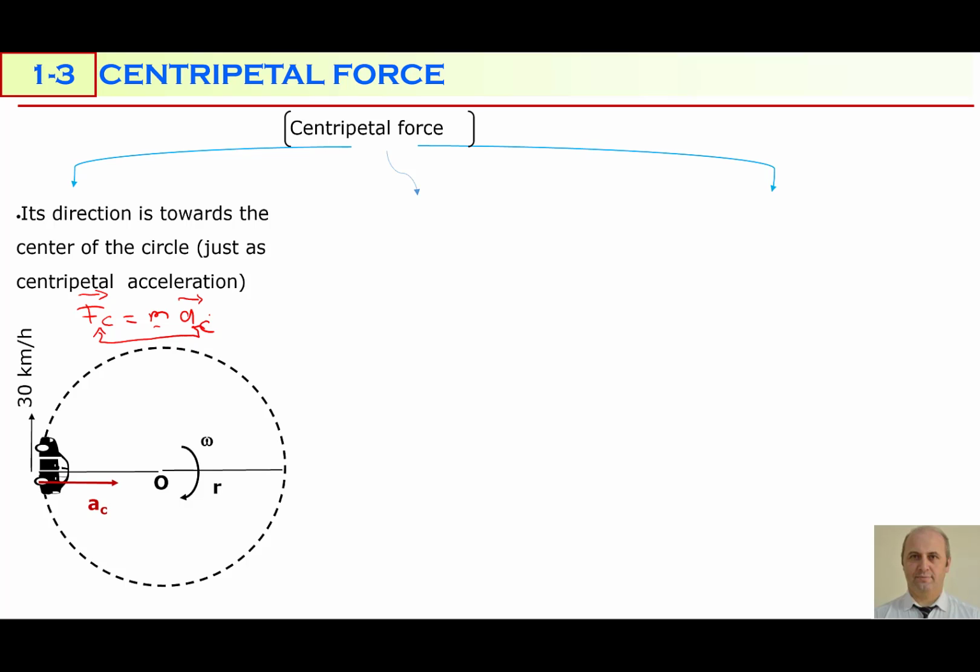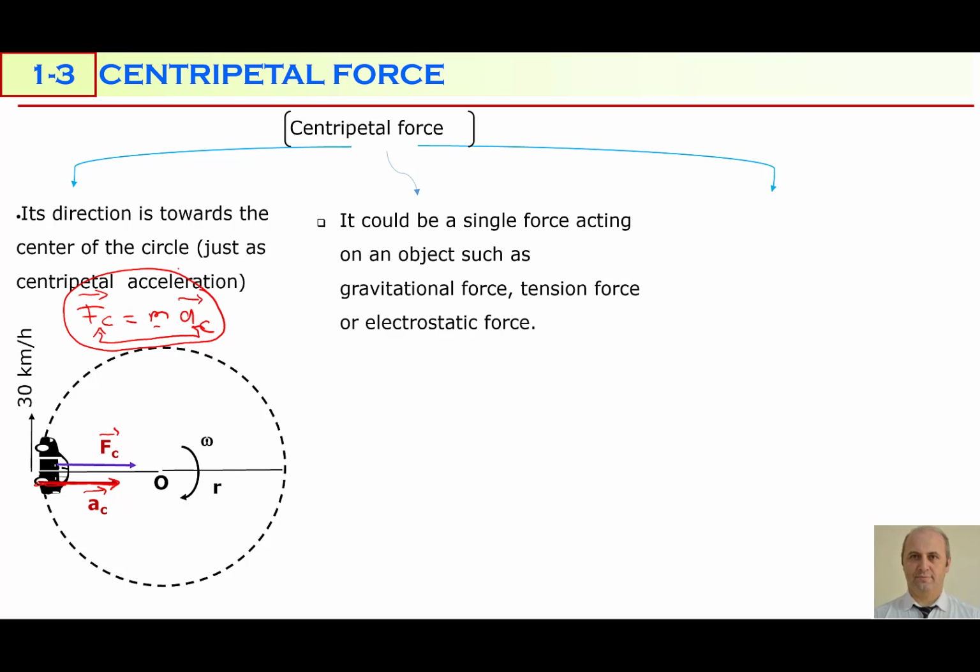So the resultant force which causes this car to move on the circular path will be in the same direction as the centripetal acceleration. And we know that centripetal acceleration acts towards the center, along the radius, so centripetal force also must act along the radius towards the center. This equation is, in fact, the second law of motion, also known as Newton's second law for circular motion.